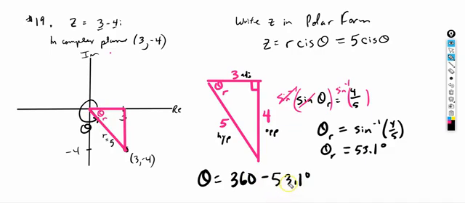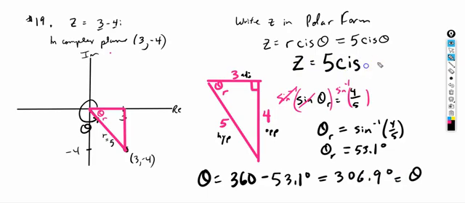And when I do that, 360 minus 53.1 is going to give me 306.9 degrees. So this is my theta.